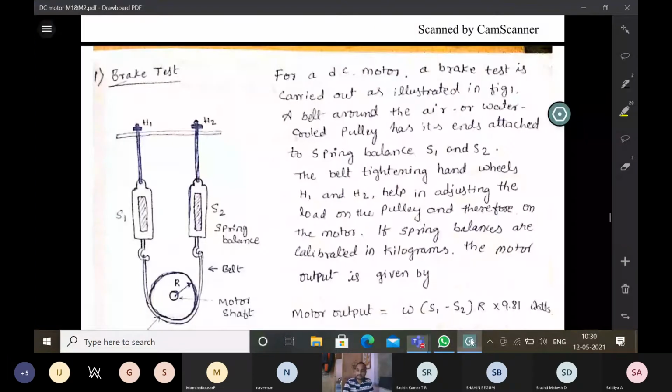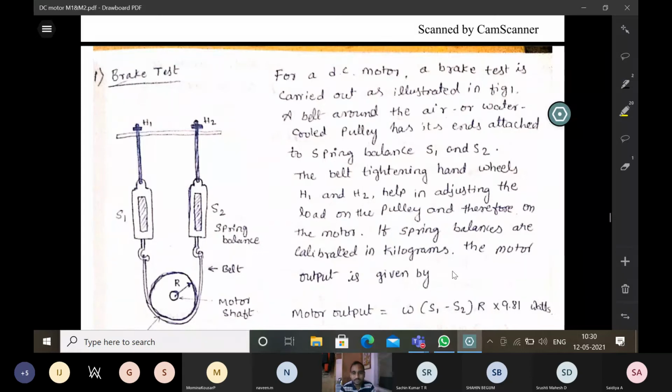So, the brake test. In the laboratory, we have conducted the brake test, that is the direct loading method of a DC shunt motor. I already sent that video.